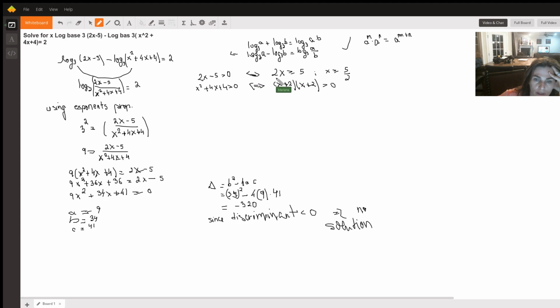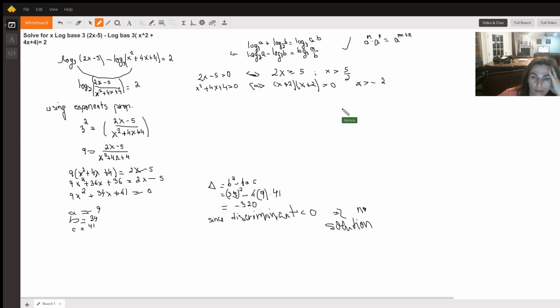So solving these inequalities, you're going to see that the solutions for this equation should only include values that are greater than 5 over 2, or x greater than negative 2.